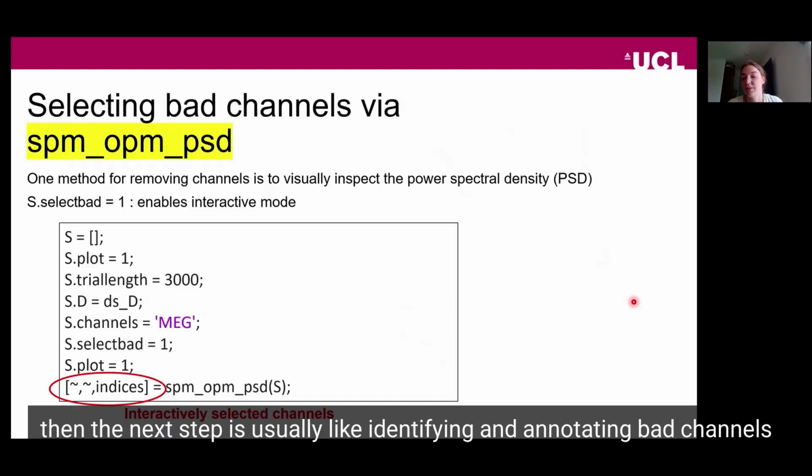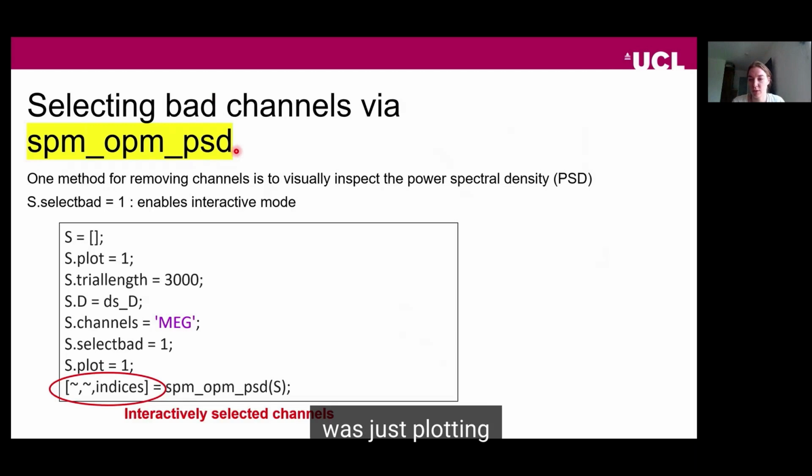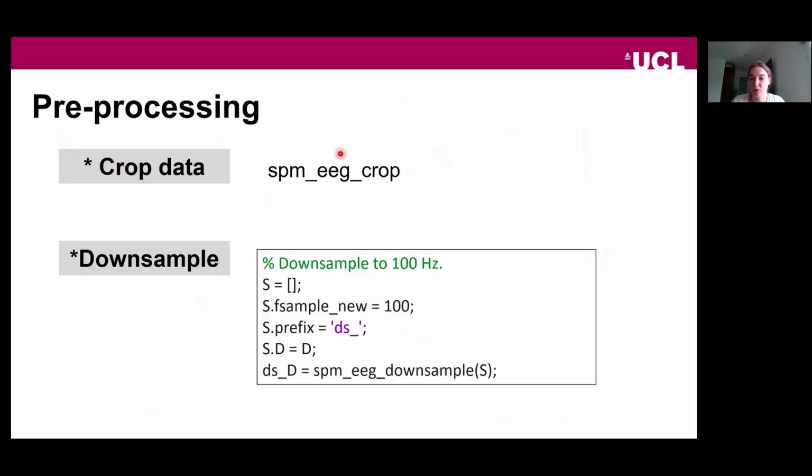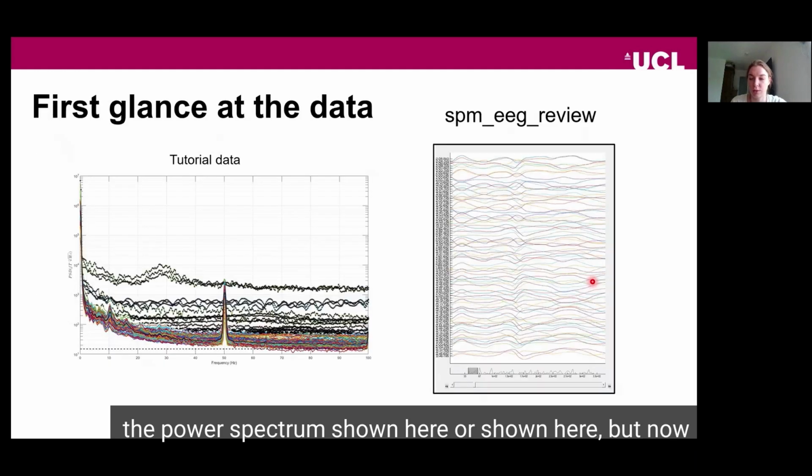And then the next step is usually identifying and annotating bad channels. We now have a very nice functionality in our SPM OPM PSD function that usually was just plotting the power spectrum shown here.